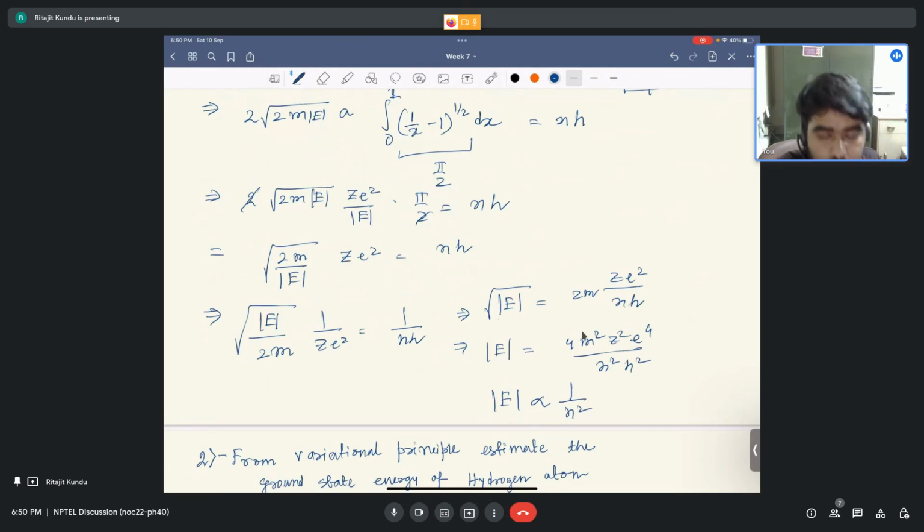So with very few lines of calculation, we could find out the dependence. We didn't have to solve the whole Schrodinger equation, whole matching of wave functions, and so many steps we have avoided. But we have got a sensible result that the energy depends on 1 by n square. Okay, so any questions?